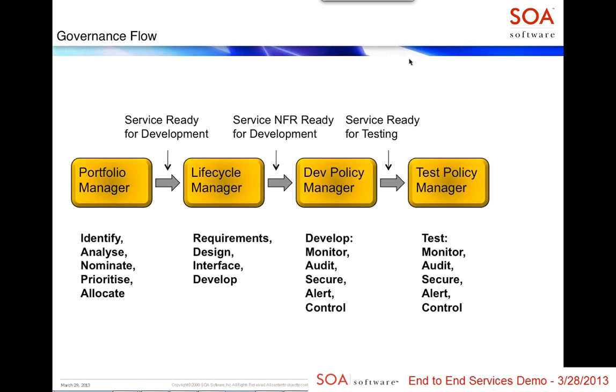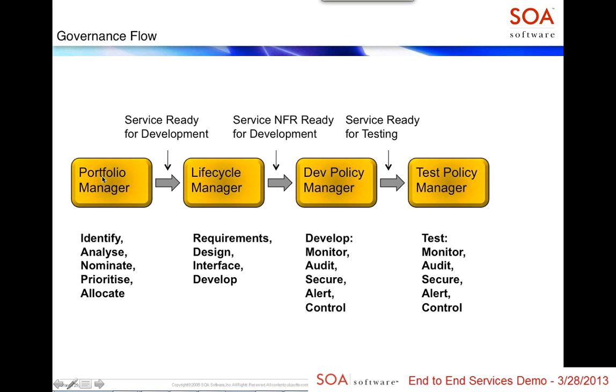If you've joined us after seeing the first stage of demonstration, you'll recall that the demonstration is all around looking at the flow of information and how that works between the different domains of governance in delivering a service or any other artifact around SOA.